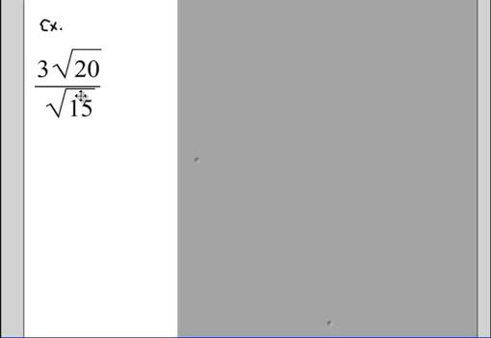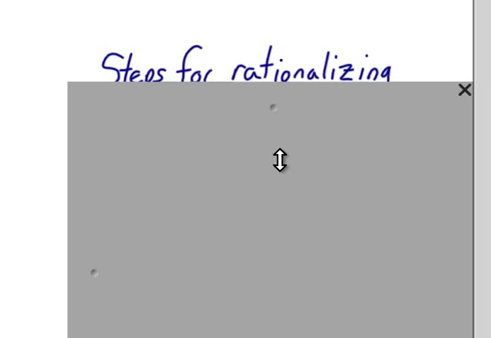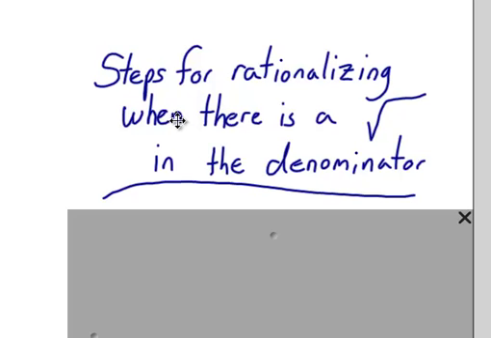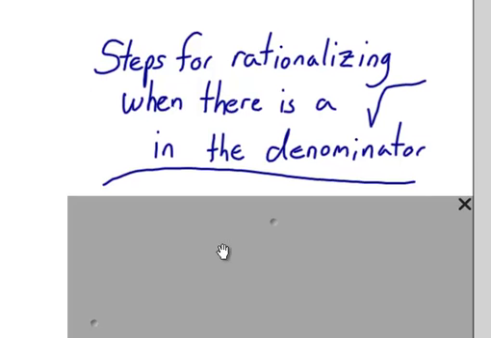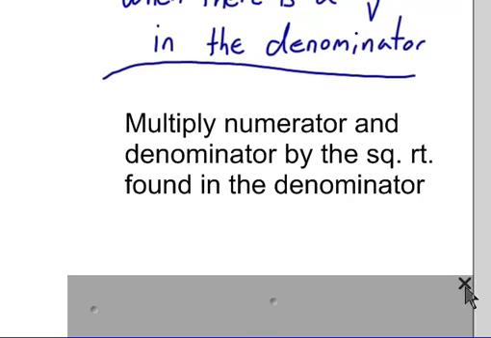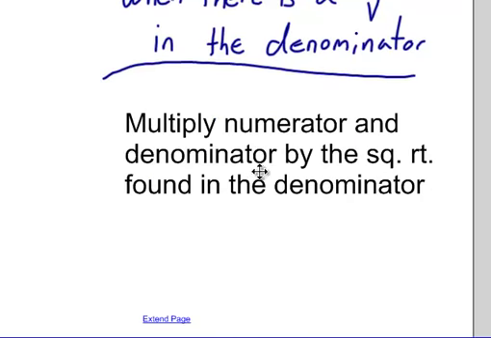Okay, let's look at an example problem here. If you look at this, we have a square root in the denominator. So here are steps for rationalizing a fraction when there is a square root in the denominator. And it's very simple. What we do is we multiply the numerator and the denominator by the square root found in the denominator.